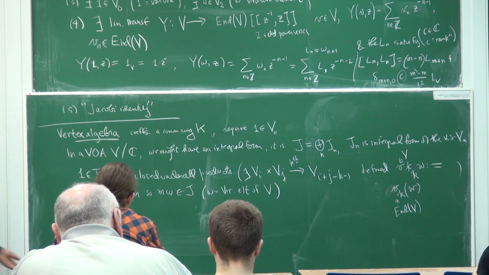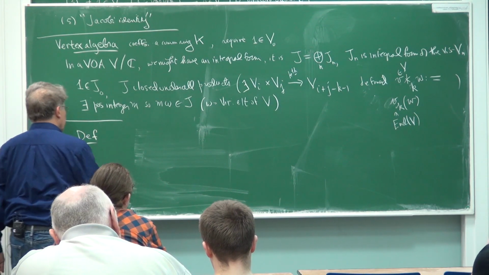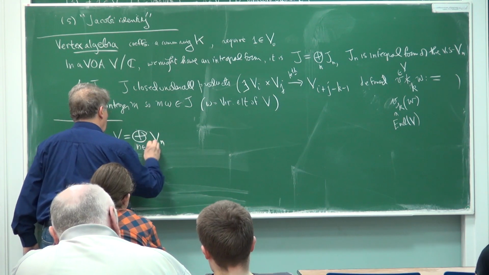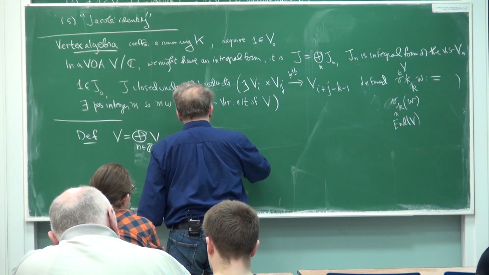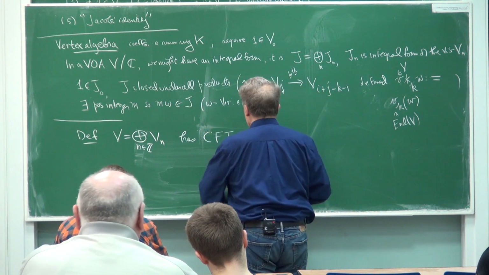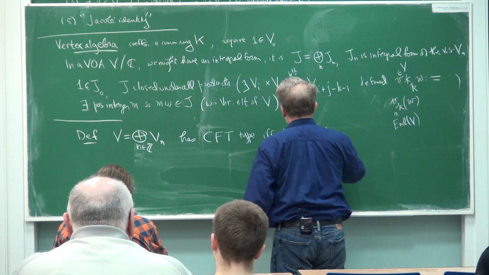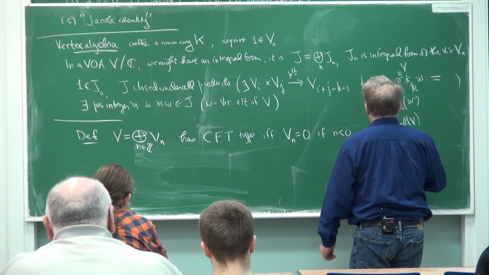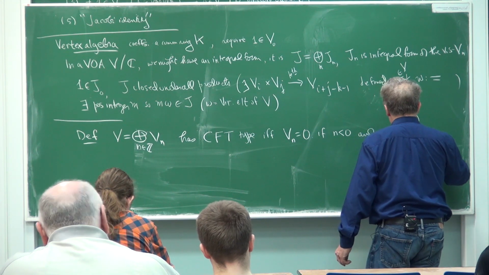Okay, now a few quick observations. Well, first the definition. This vertex operator algebra has CFT type, conformal field theory type, if and only if the negative terms are 0, and V_0 is only one-dimensional, so it's spanned by the vacuum element.